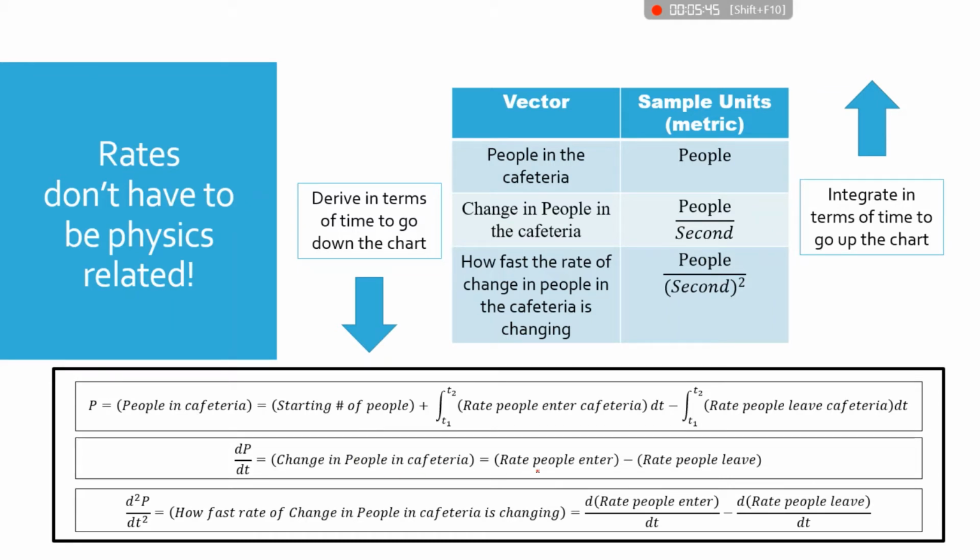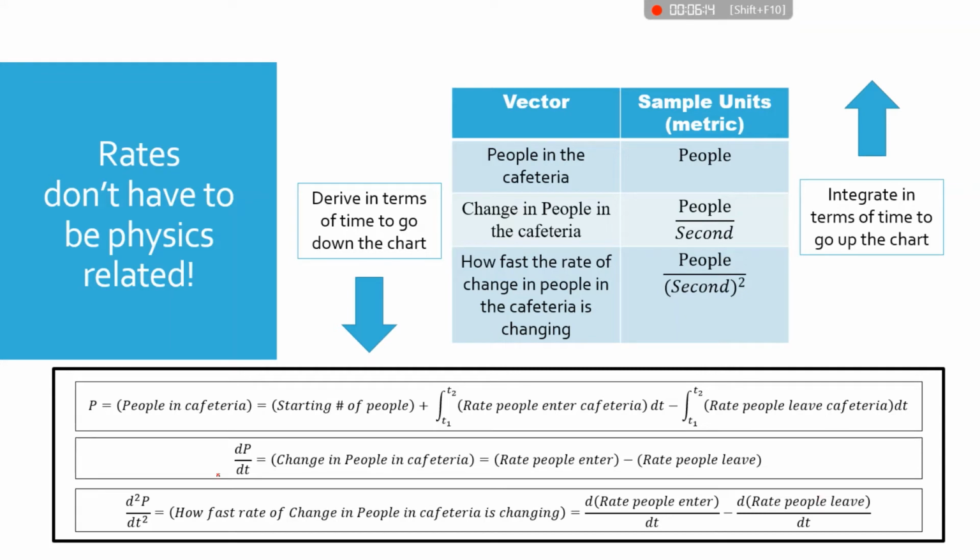So that would be how fast people enter and how fast people are leaving. And my second derivative would be my derivative of that rate, which would give me the acceleration of people in the cafeteria, or how fast the rate of change in people in the cafeteria is changing. So again, that would be the change in the rate over time of people entering minus the change in the rate over time of people leaving.